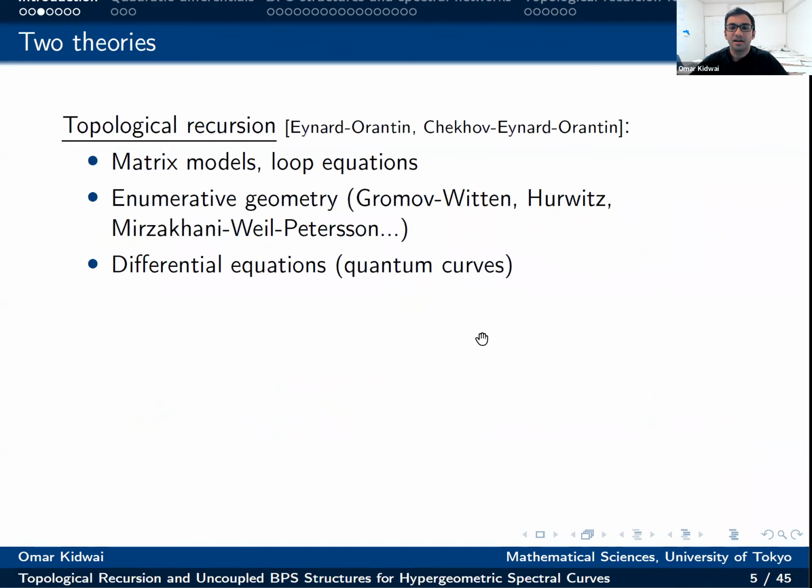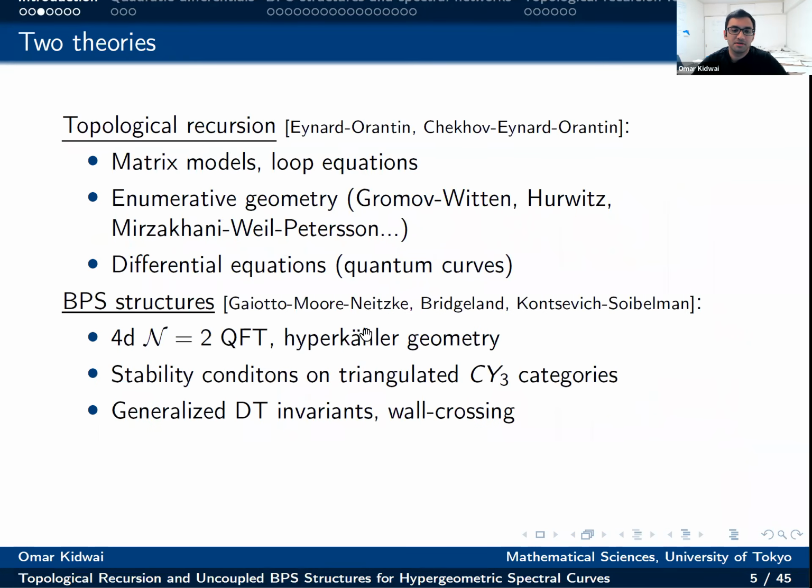That's the goal. Okay, so TR, we know and love TR at this workshop, so there are many fantastic applications of this thing. What's probably less familiar to people is the theory of BPS structures. This was discovered from many different perspectives in both the physics and math literature.